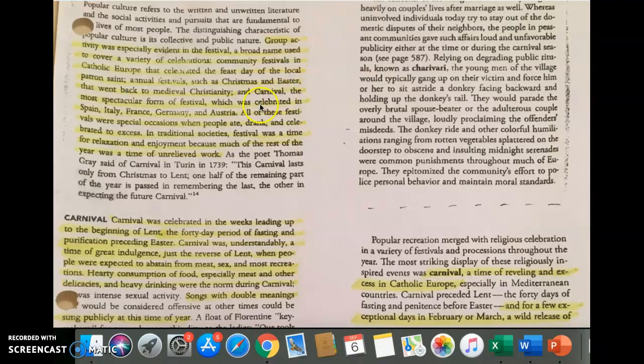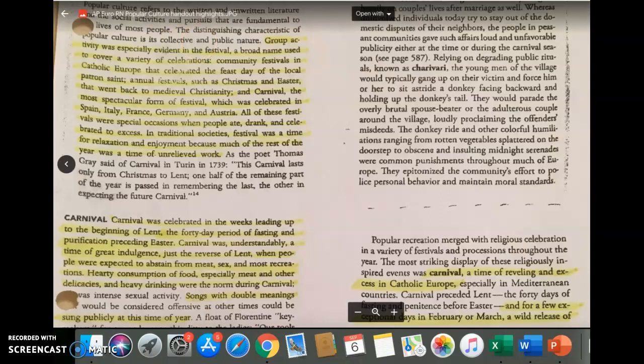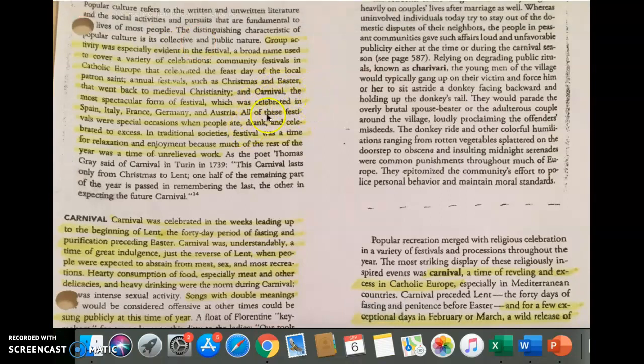So as you're highlighting your copy, I'm going to point out a couple things about festival. It says festival is a broad name used to cover a variety of celebrations. Community festivals in Catholic Europe that celebrated the feast day of the local patron saint. You've got annual festivals like Christmas and Easter that go back to medieval Christianity. And you've got carnival. Carnival was the most spectacular form of festival, which was celebrated in Spain, Italy, France, Germany, and Austria.